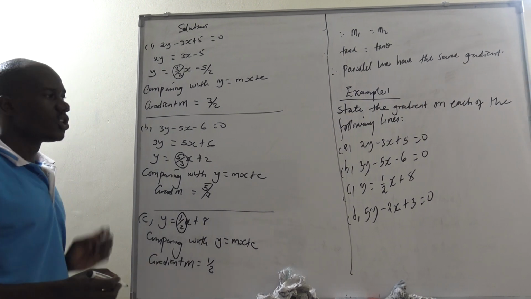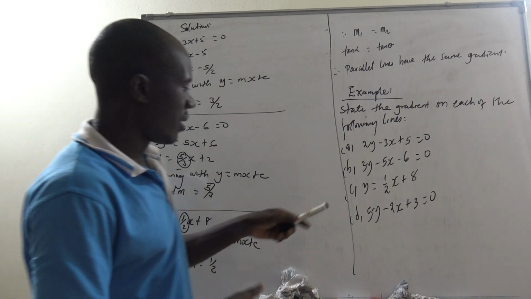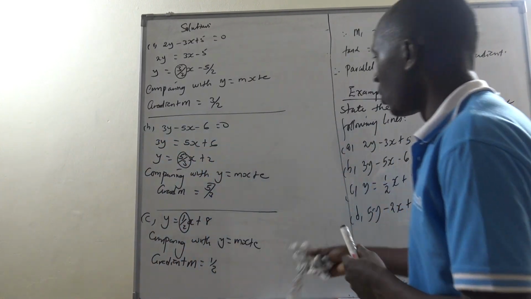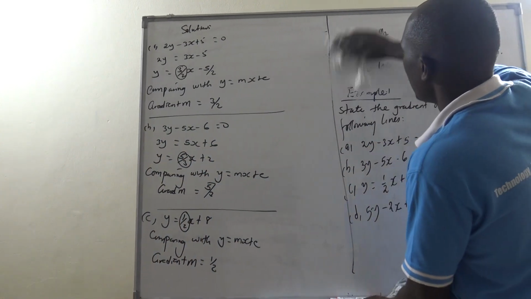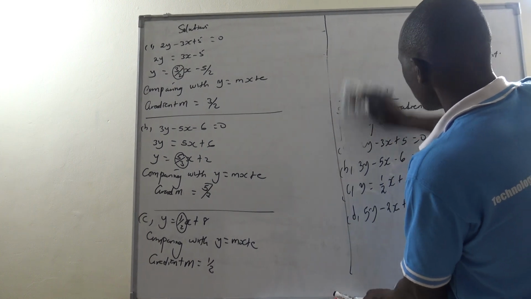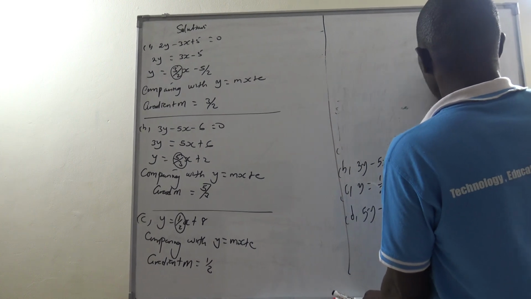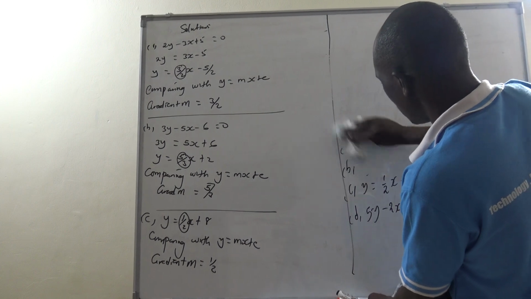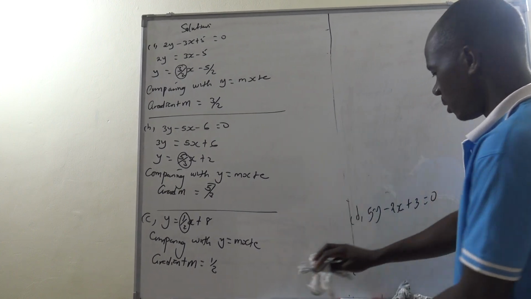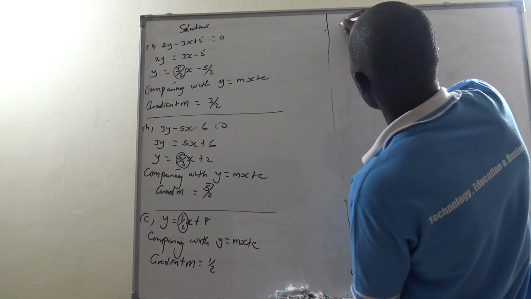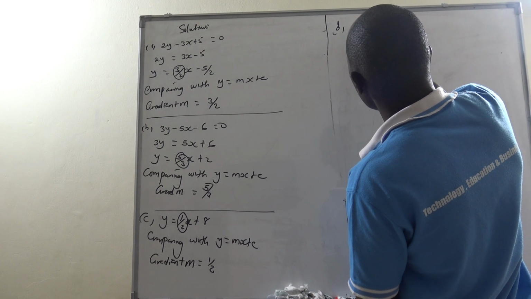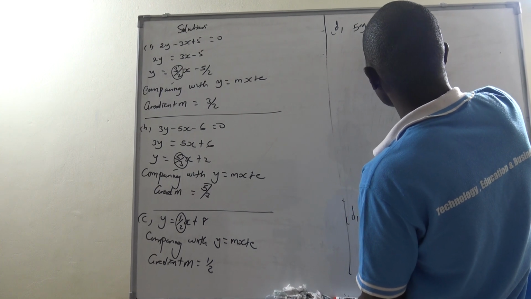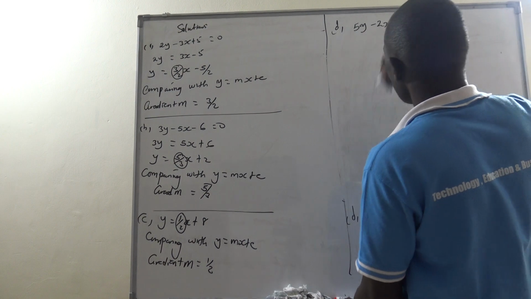Next is part D: 5y minus 2x plus 3 equals 0.